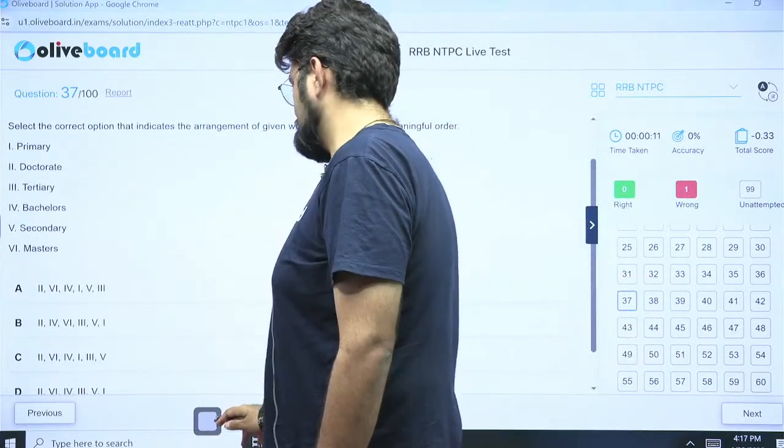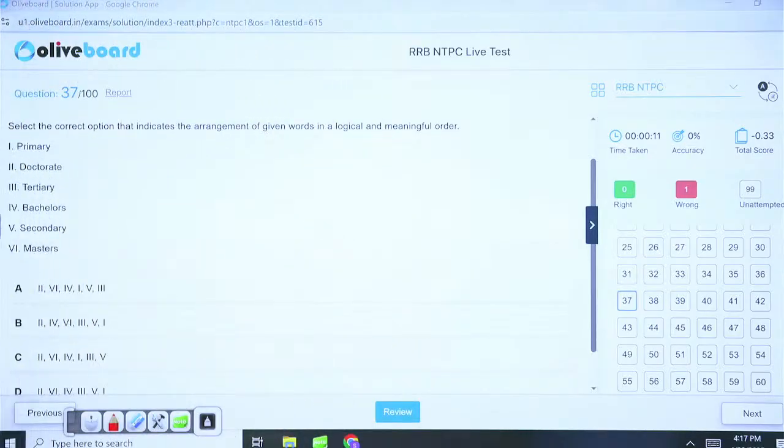Logical and meaningful order. Now if you look at this carefully: primary, doctorate, tertiary, bachelor, secondary, masters.